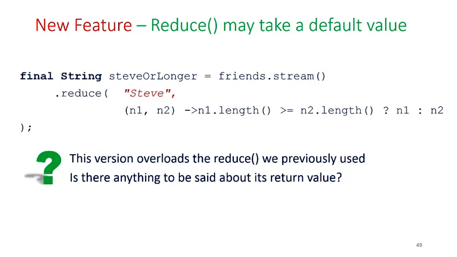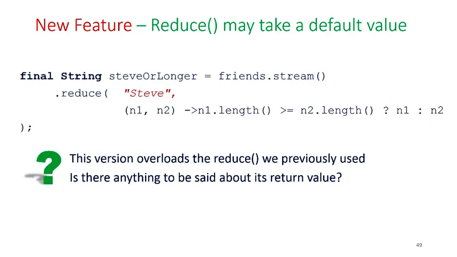But you also have a version of reduce that takes 2 parameters. The first one in red here is actually the default value. So the funny thing with this is that when you apply this version, it's as if the first call to reduce takes as first parameter Steve, the string Steve, and as second parameter the first element of your stream.